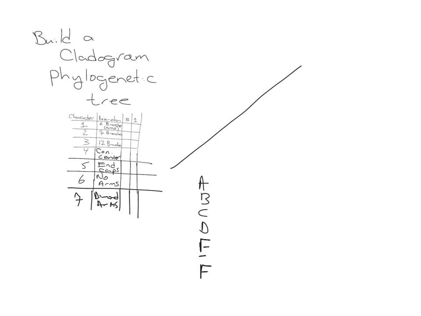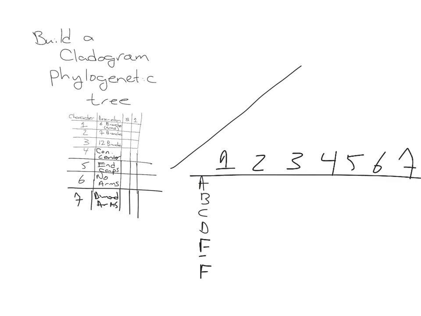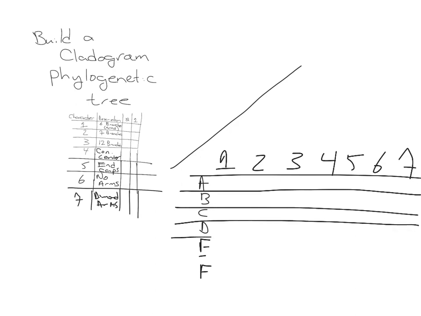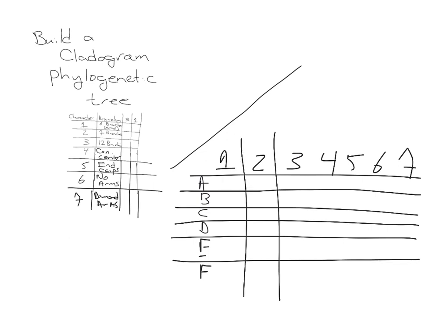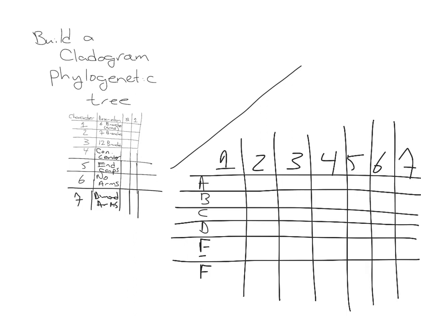A, does A have, let's say, character trait? Let's go with characters 1, 2, 3, 4, 5, 6, and 7. Of course, you can do all of them, but I'm just doing the first 7 here. So 1 through 7. Does A have 1? Yes or no? On or off? 0 or 1? Does everybody agree that A has character 1?